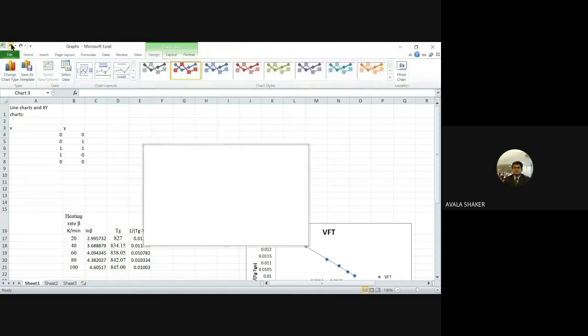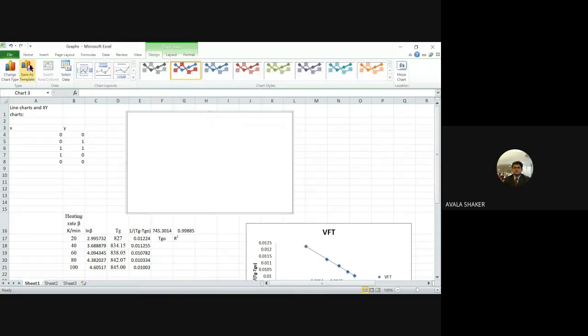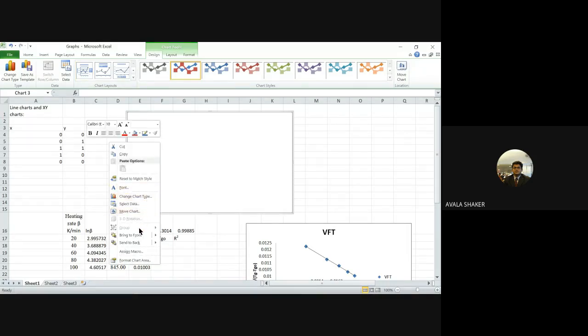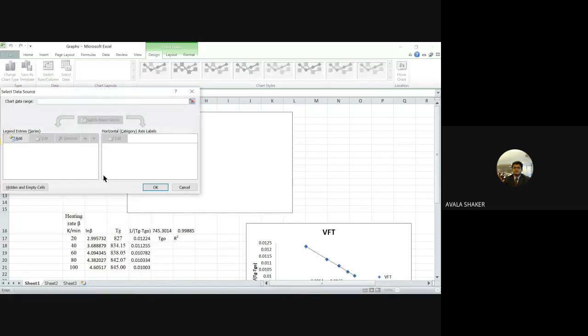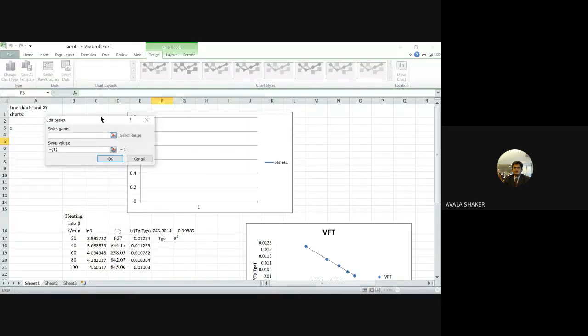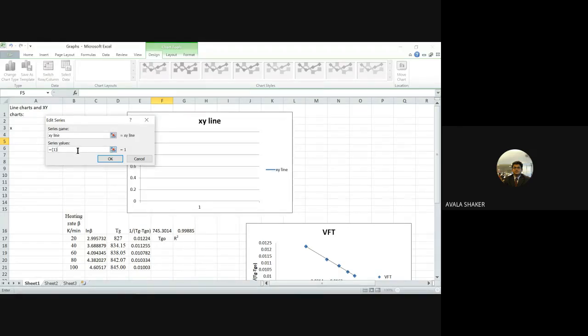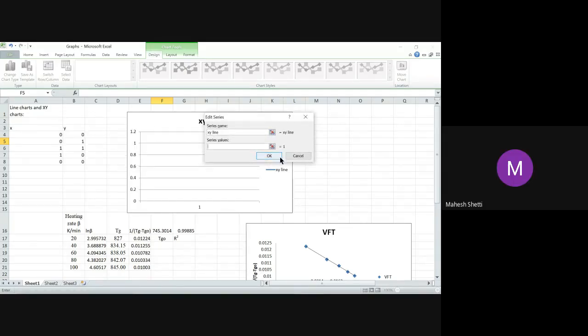One minute, something wrong. So I just type, let's say, XY line. You may click on the right hand side and choose that. Click on that right hand side blue box and now select the range.